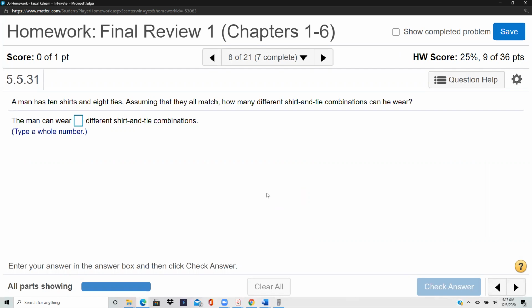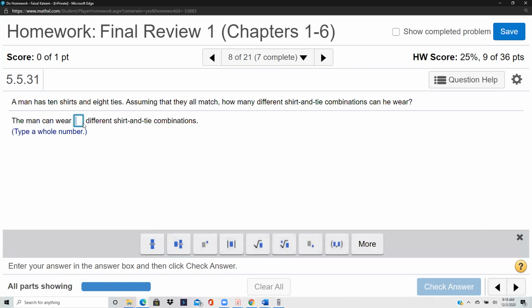10 shared and 8 ties. How many shared tie combinations? Wouldn't you just multiply them together? Uh-huh. Okay. So that'd be 80.